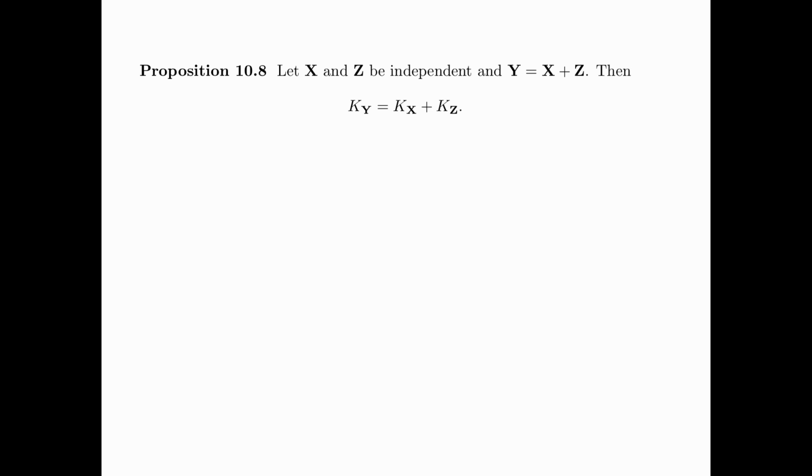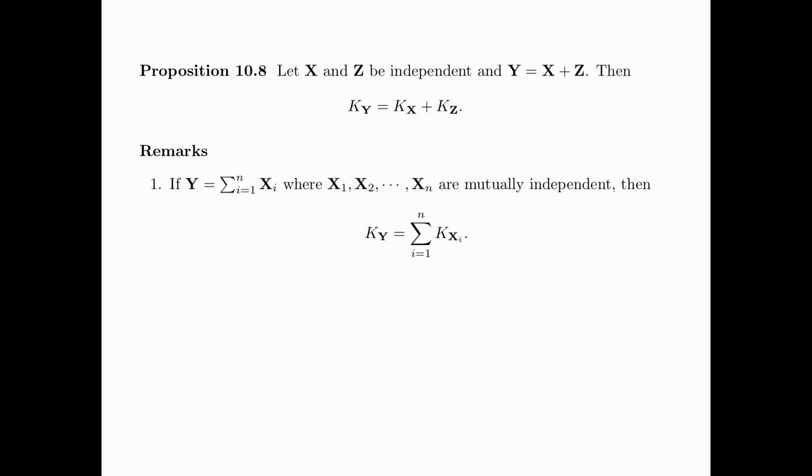Proposition 10.8 says the following. Let x and z be independent, and y is equal to x plus z. Then the covariance matrix of y is equal to the covariance matrix of x plus the covariance matrix of z. Here are some remarks.